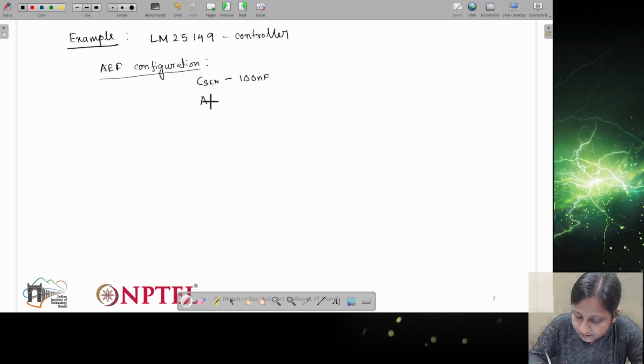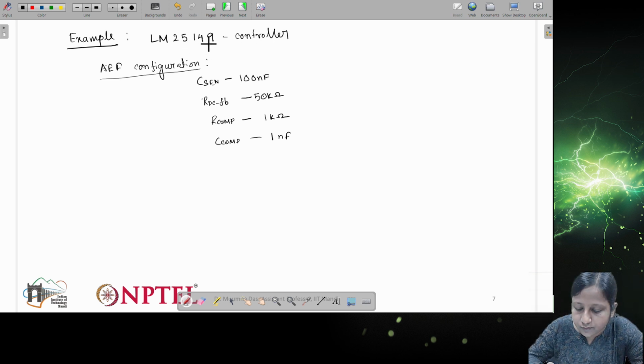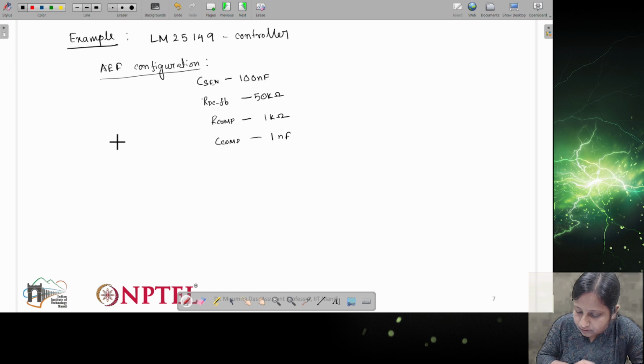I'm just taking one example to give you an idea about how this will be. This I have taken from one document which is given in the reference. R compensator is 1 kilo ohm, then C compensator is 1 nanofarad. This is with respect to this particular controller LM25149. So these are the different components which are required.